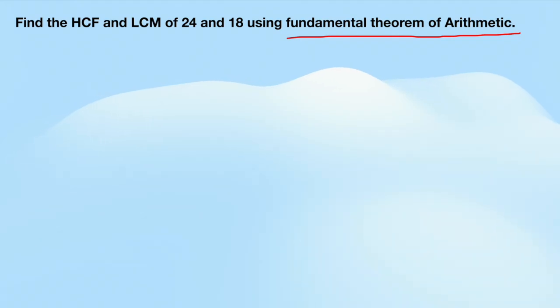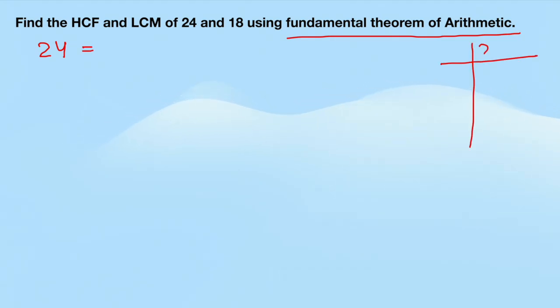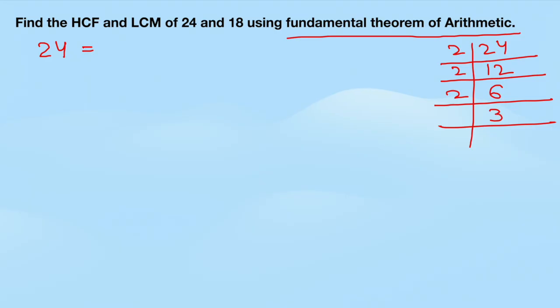So the prime factorization of 24: divide by 2, it becomes 12. Again by 2, it gives 6. Again by 2, it gives 3, and 3 is prime. So it will be 2 into 2 into 2 into 3. These are all the primes.